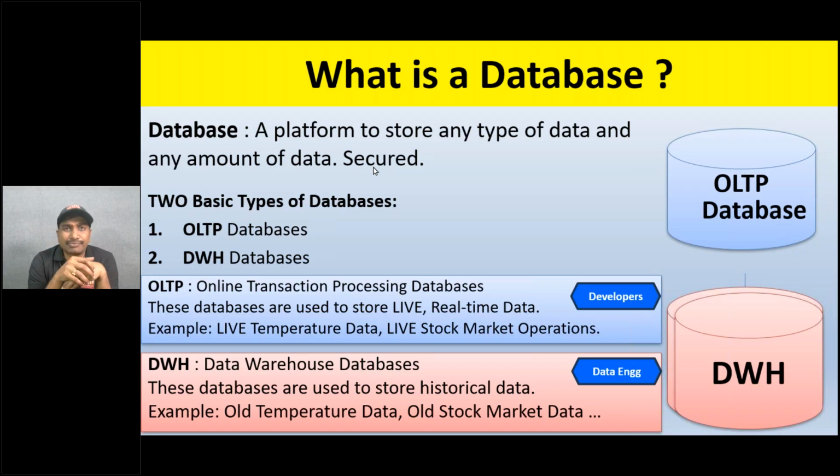Multiple showrooms, a common godown, and the transport system is called ETL. I repeat, multiple showrooms, a common godown, and the transport system, we call it ETL. As a data engineer, we are into the transport system and the godown activities from today.